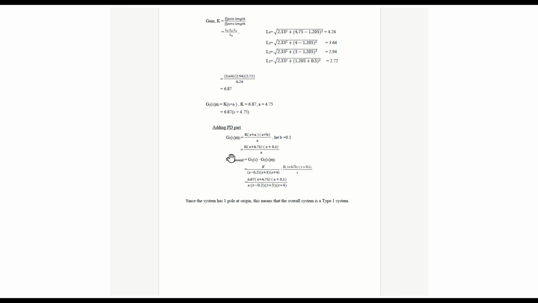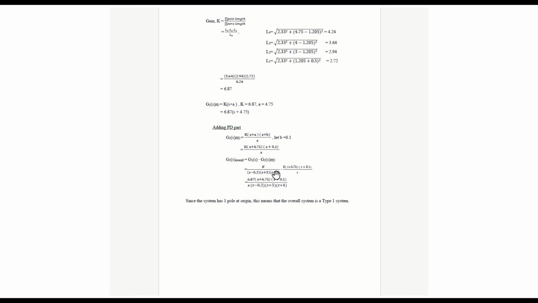So I let that value of b equal to 0.1, and then we put a pole at the origin. Why? I will explain it later. So we do everything here, and then we get this PID equation.